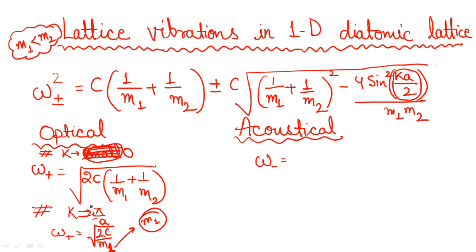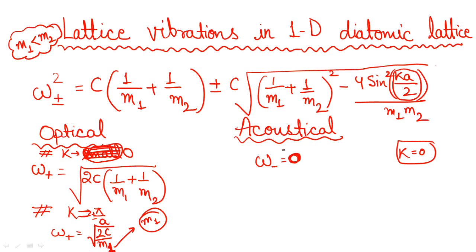Now, if I talk about the acoustical mode, you will consider the omega negative expression, and at the center of the Brillouin zone, basically when k is equal to 0, you will get omega negative equal to 0. In the starting I told you how to check whether it is the optical or the acoustical mode: the acoustical mode is the one for which, when you put k equal to 0, you get the omega value equal to 0.